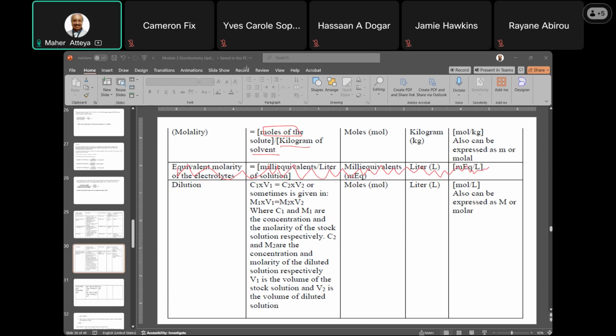The last one here is dilution. Dilution here, you come from stock solution. You have a very concentrated solution, and you have to make a diluted one out of this concentrated solution. For example, you have taken a cup of coffee, and it has too much caffeine. It tastes very bitter.